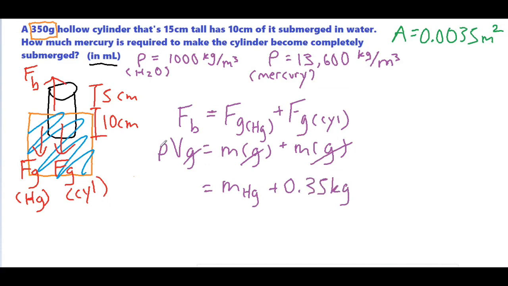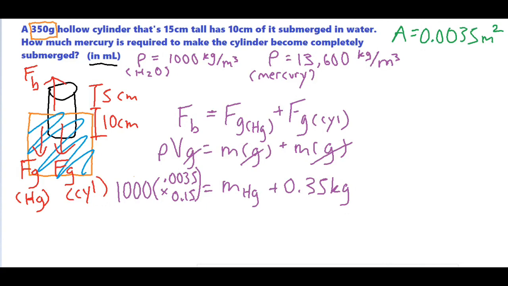And then over here, we have rho of 1,000 still, times our volume. And we didn't have our volume previously, but we do know volume is area, 0.0035, times the height. Now the height is now the full 15 centimeters, now that we're saying that this is the portion of the problem where it's becoming submerged. So 15 divided by 100 is 0.15 meters.